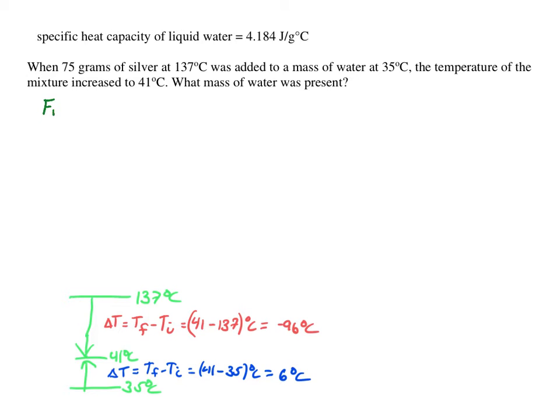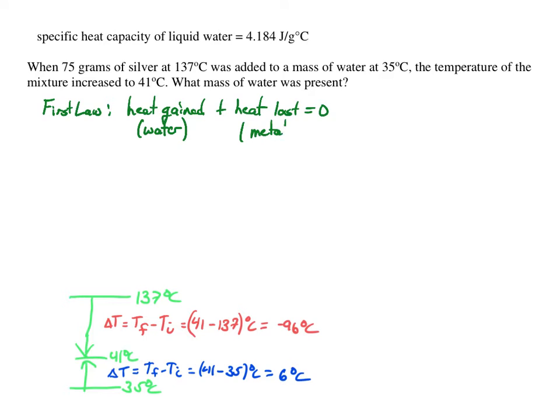The first law tells us that the energy of the universe is constant, and therefore the heat gained plus the heat lost has to sum to 0. We remind ourselves that it is the water bath that's gaining heat, it's increasing in temperature, and that metal is what's losing heat, it's decreasing in temperature.